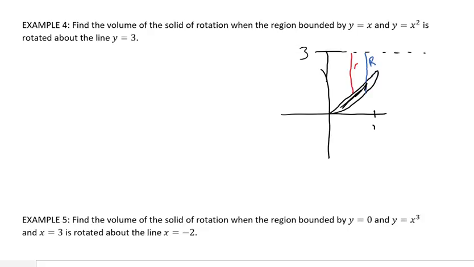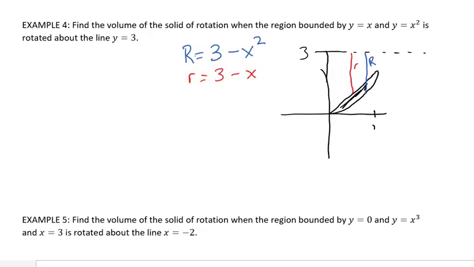Okay, we'll start with capital R. We have to figure out the distance from the line y equals 3 down to the function, which is of course x squared. So that distance is 3 minus x squared. And then little r, the inner radius, is going to be 3 minus x.